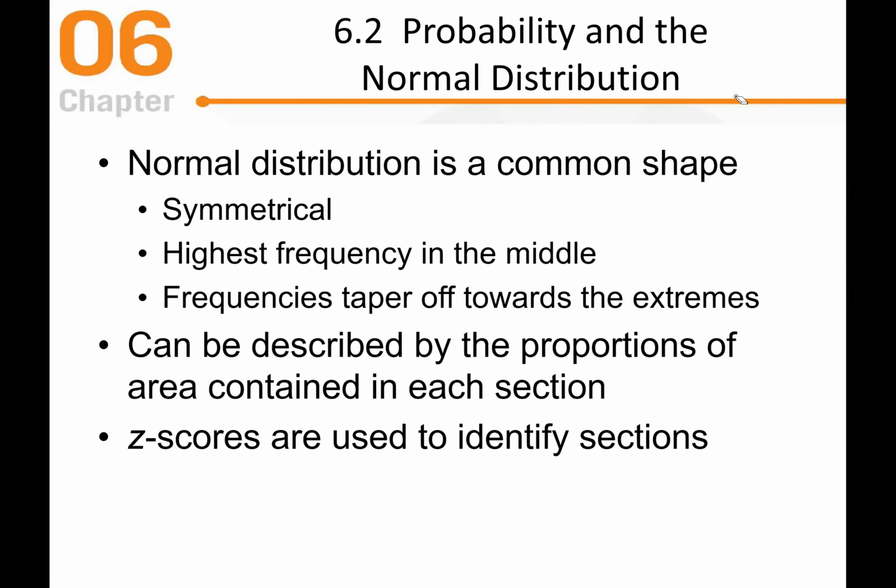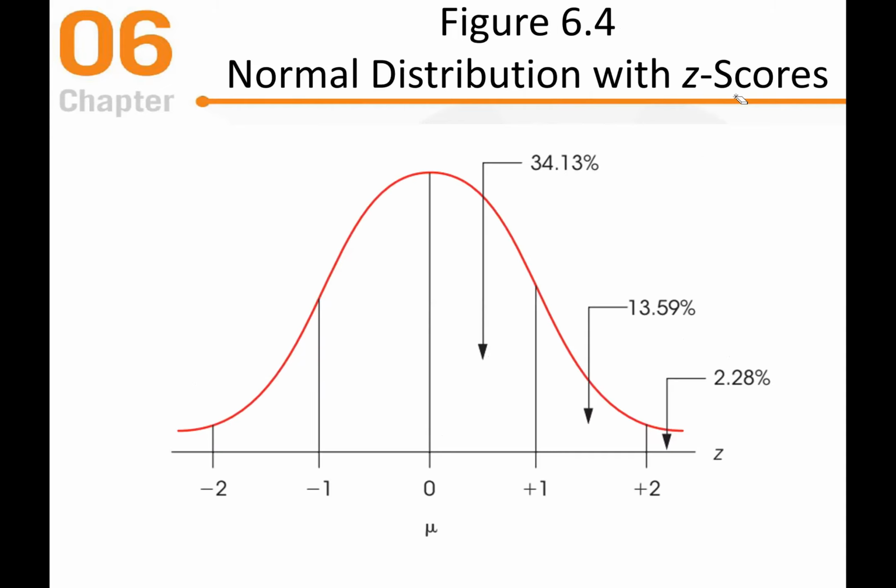This can be described by the proportions of area contained in each section of a normal distribution, and z-scores are going to be used to identify those particular sections. So this is what it looks like. Here we have a normal distribution, and it's a standardized distribution.